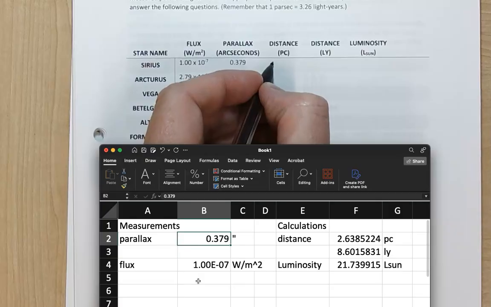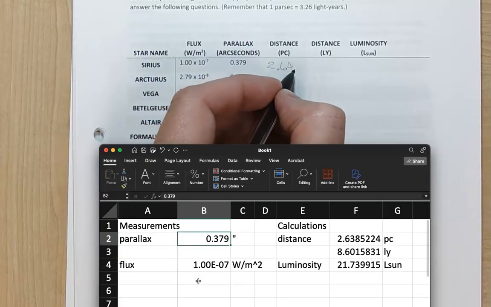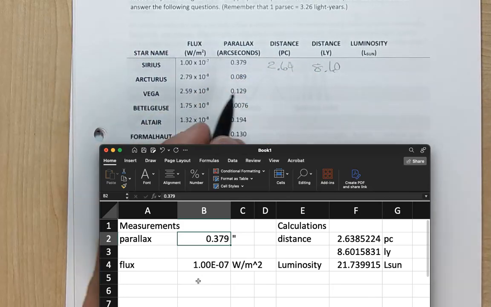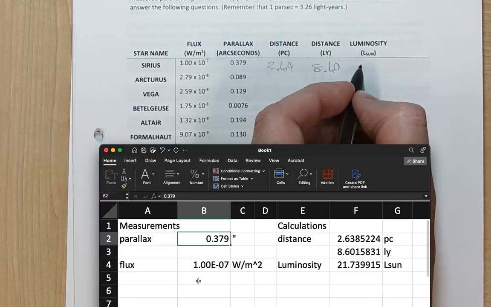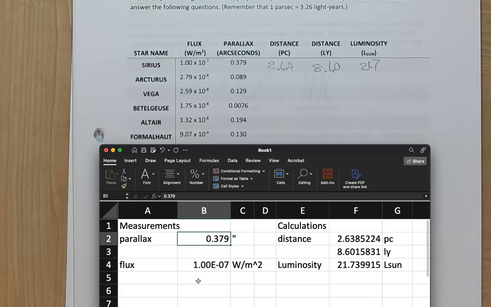So Sirius has a distance of 2.64 parsecs, or 8.60 light years, and has a luminosity of 21.7 solar luminosities. Sirius is 21 times brighter than the sun. It gives off 21 times the amount of light that the sun does every second.